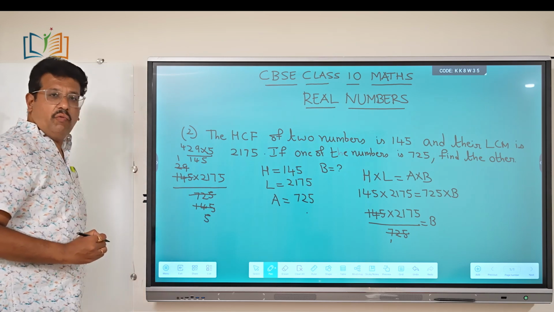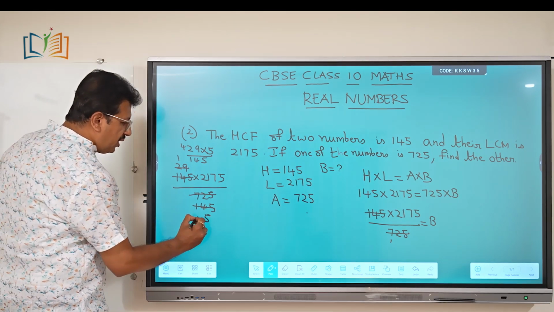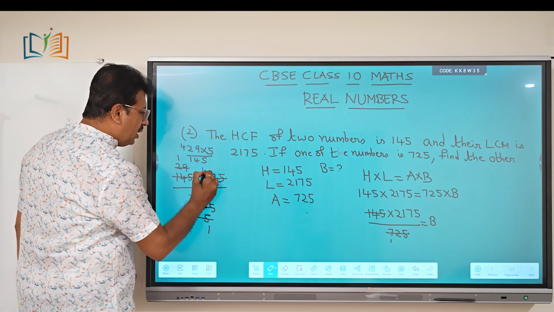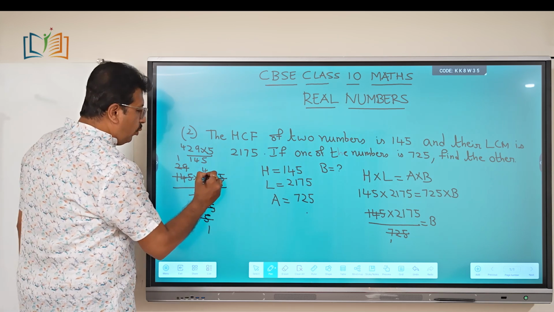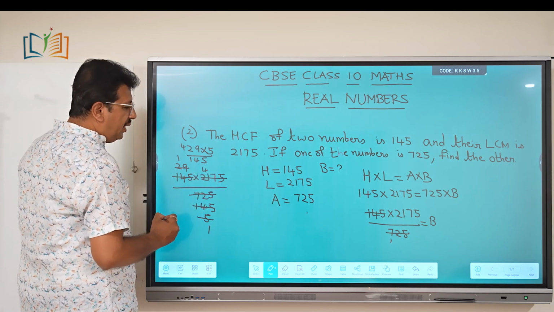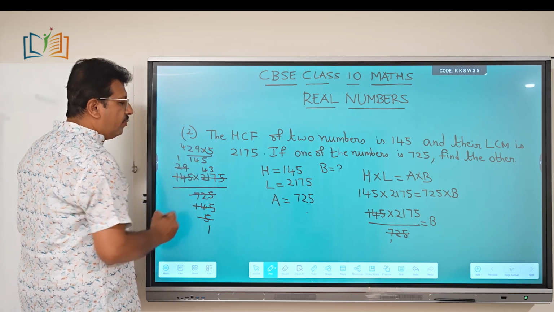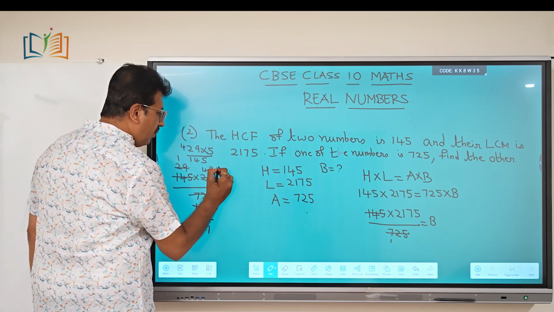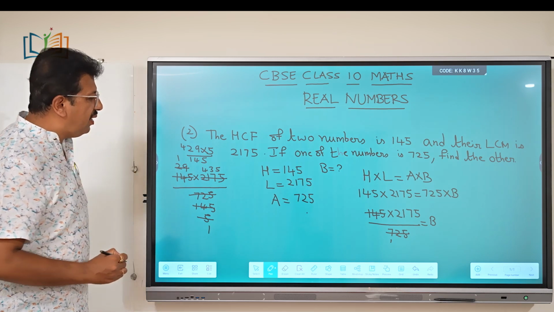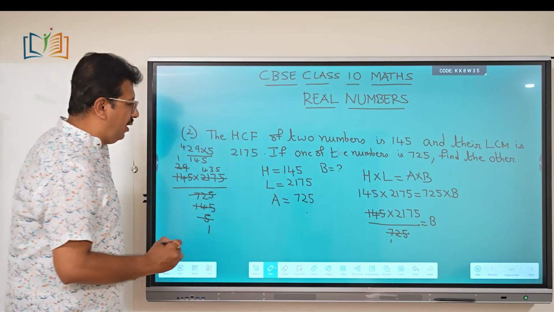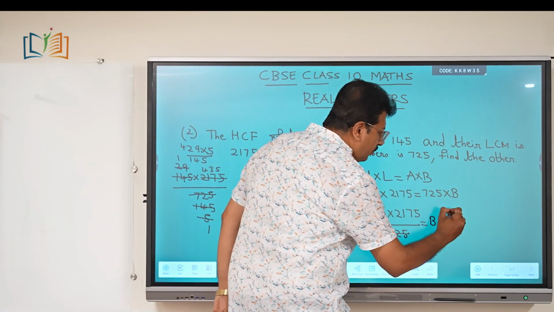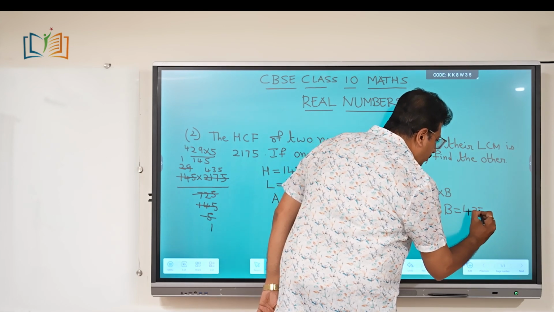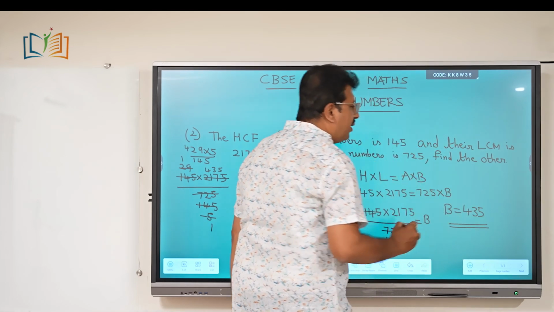And here also you cancel. 5 fours are 20, 5 threes are 15, 2 carry, 5 fives are 25. So your answer has to be 435. What is the B value? 435. This is your answer.